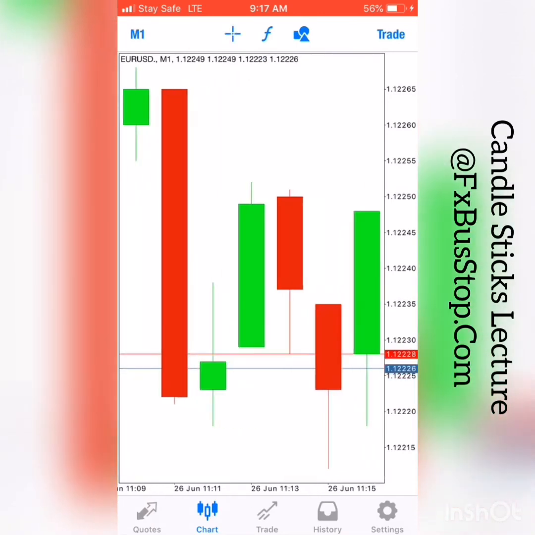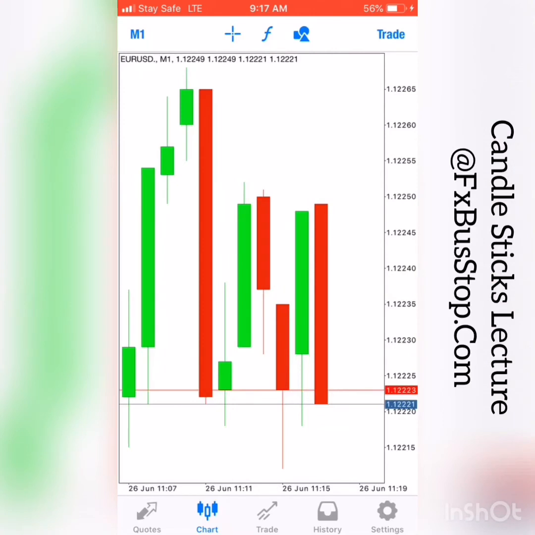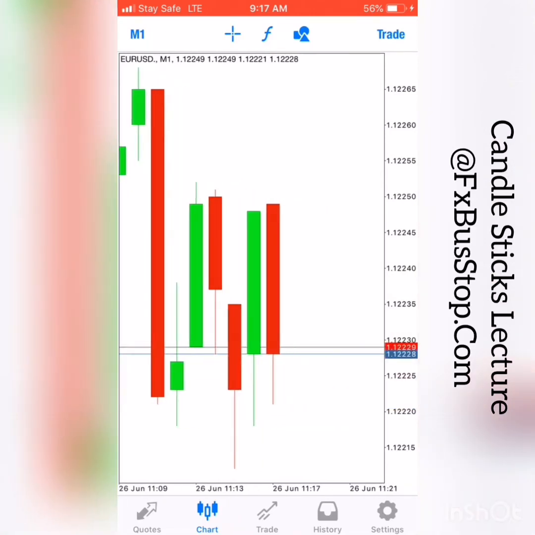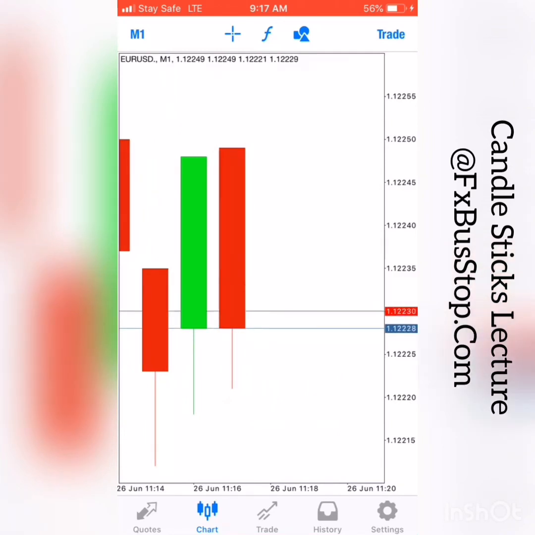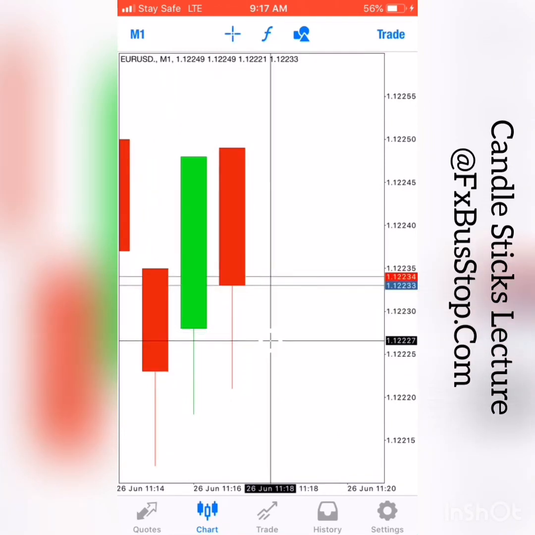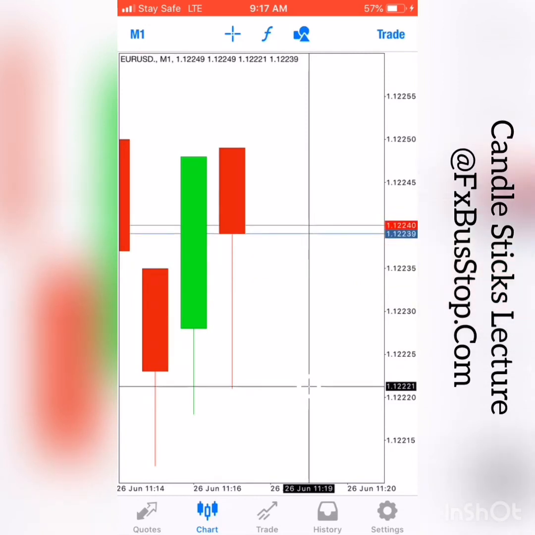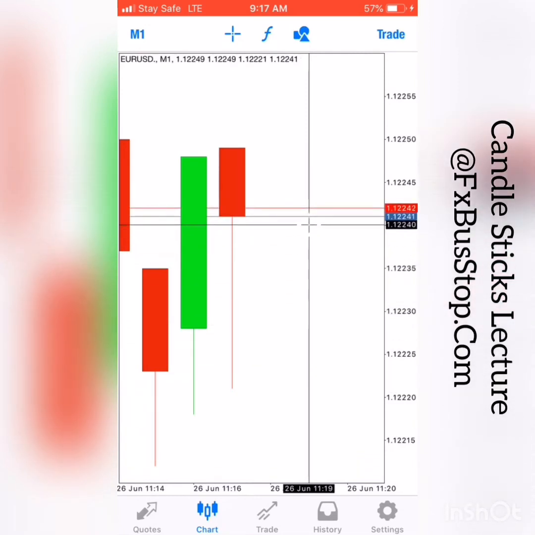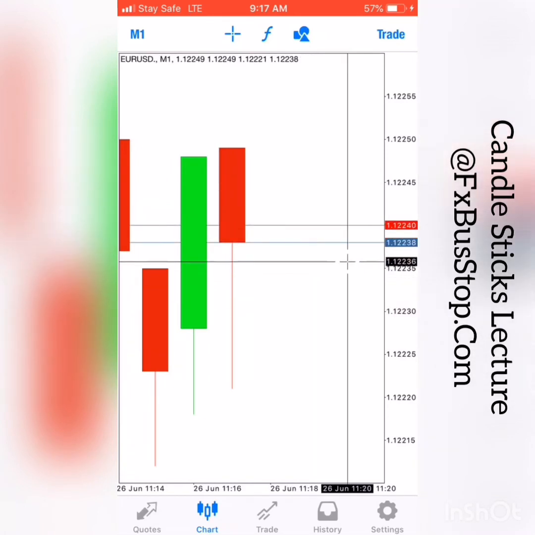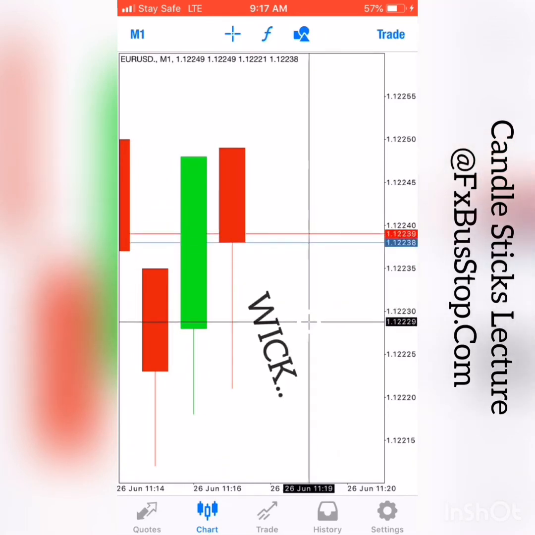Then this other green candlestick started forming. I'm still going to do a write-up so that you get a clear picture of what I'm trying to say. As you can see, this current candle that is forming, you can see how the price is fluctuating. It has gone down to this level, and you can see it has retracted up to this level. Wherever it retracts from, it leaves a wick behind.